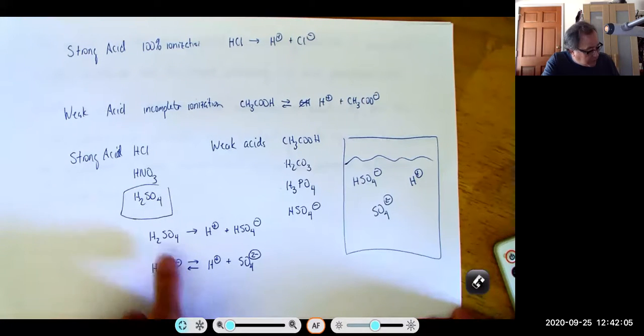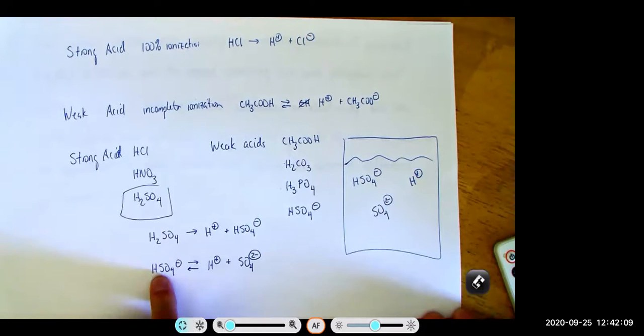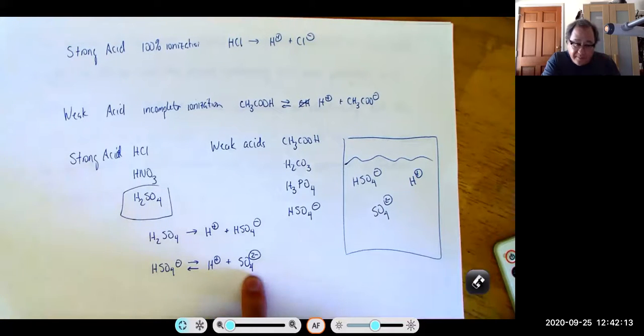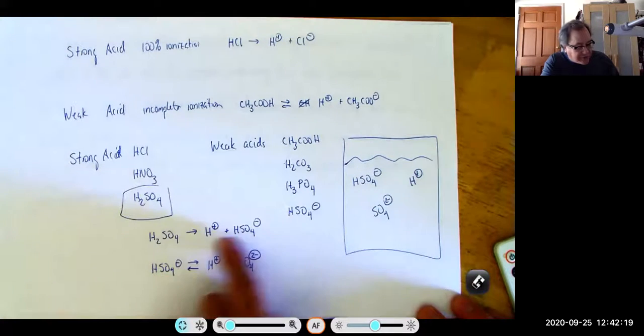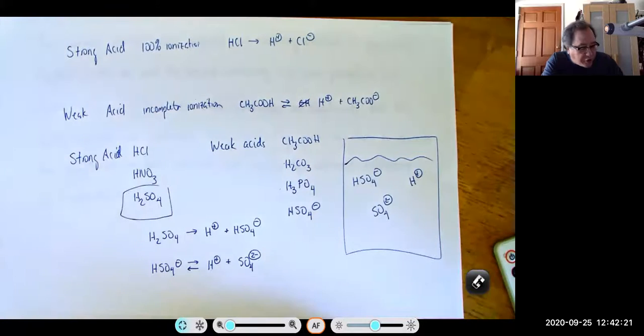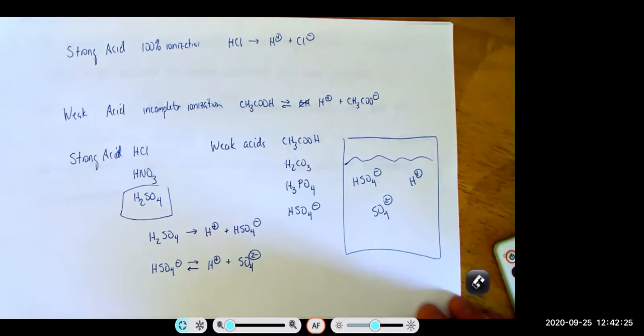Now, if you look down here, when you see the double arrow, that means you're going to see this and this and this in water, all three. Now, I guess if I wanted to do this correctly, I should have drawn 2 hydrogens here, but I didn't. I just want to show you the different things that are in water. Are you with me here? Yes, that makes sense.